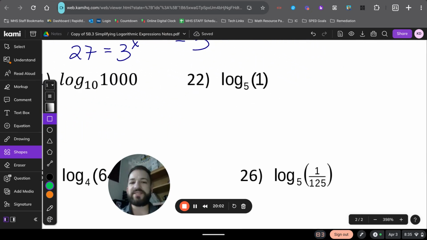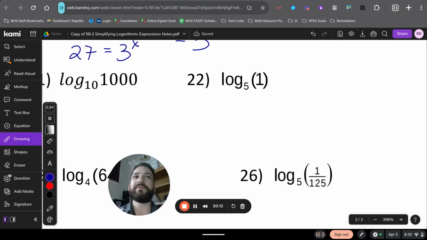So we have log base 5 of 1. So we want to think, 5 to what exponent would be equal to 1? And that might be weird to think about. You're like, well, I know multiples of 5s and I can do divided by 5s, but what makes it into 1? Well, there's a specific exponent that makes any base into 1, and that is an exponent of 0.